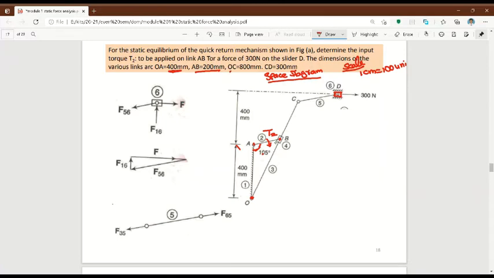Length of OC is 800 mm. 800 mm means from O, you have to draw an 8 centimeter line, and that line should be passing through point B. Take the scale, keep one end on point O, keep the side of the scale on point B, and draw the line for 8 centimeters. So we got OC.